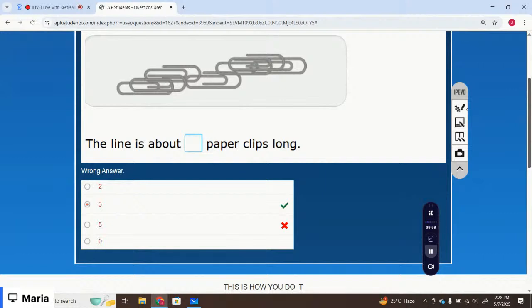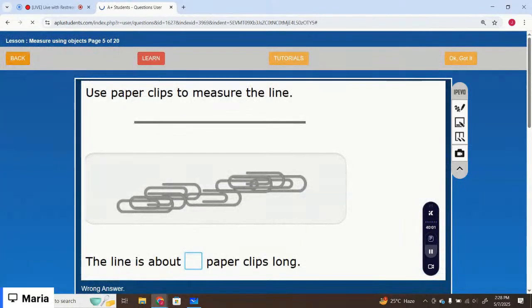That is three paper clips long. Okay, so you can complete the lesson in your room. Let me just move to the next lesson.